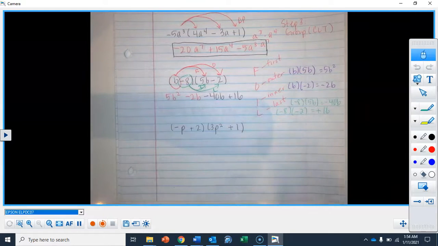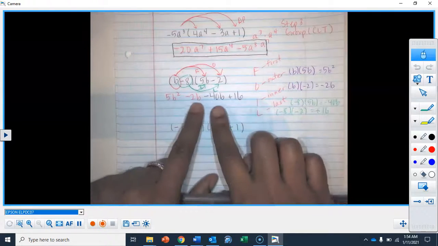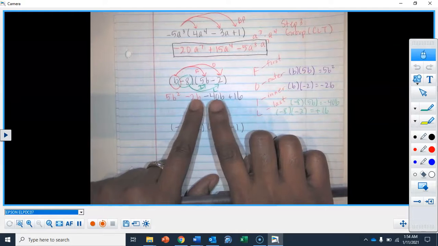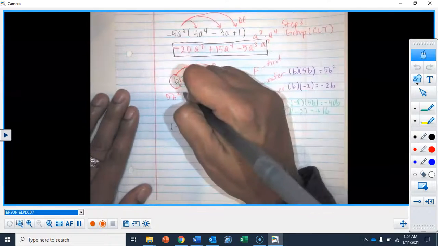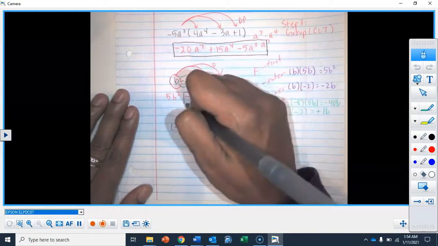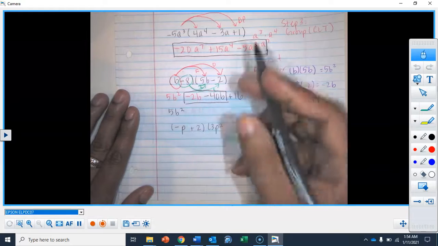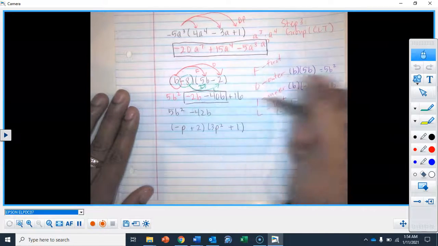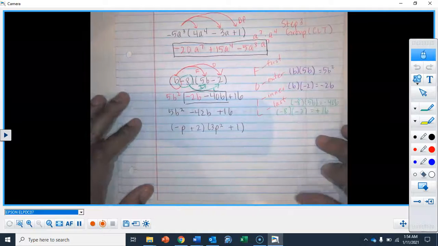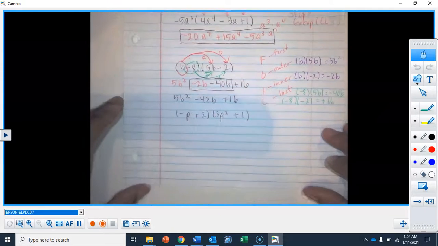Now you know that you're on the right track as long as those outer and inner terms are like terms. So when we combine these, here's the final answer: 5B squared, -42B plus 16, and we're done. Combine like terms.